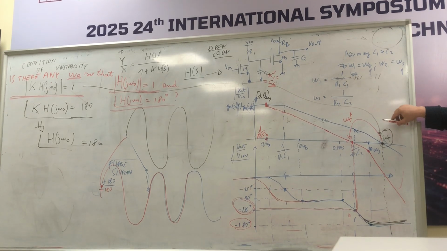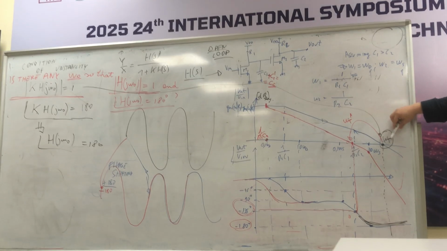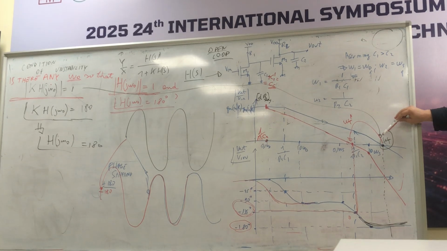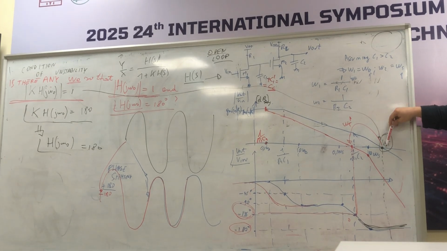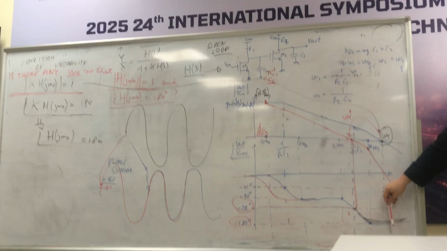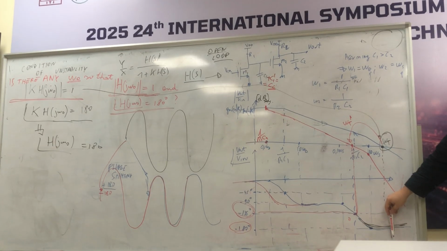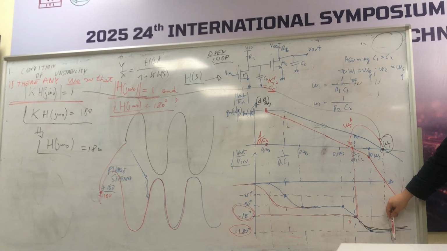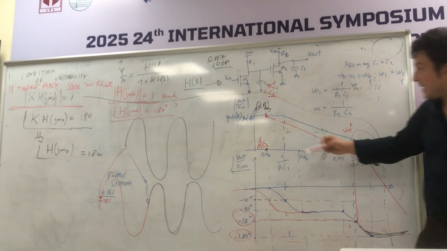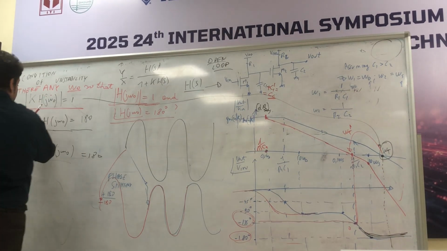If omega t, the crossover gain value, has a phase that is closer to 180, I'm closer to an instability. Okay? Because I'm in the condition of instability.